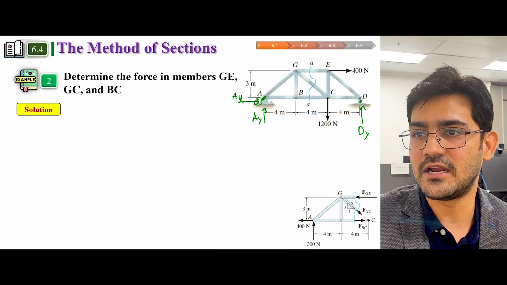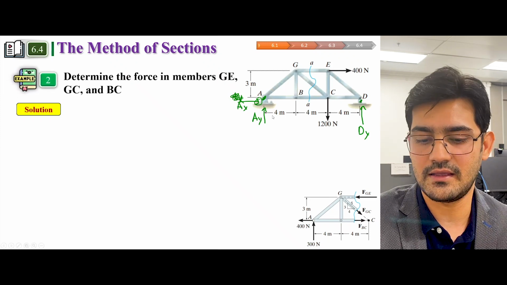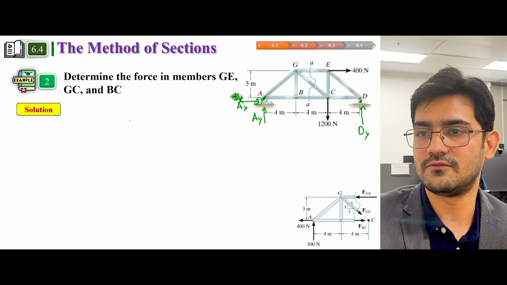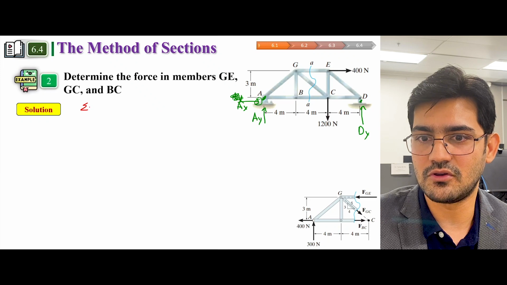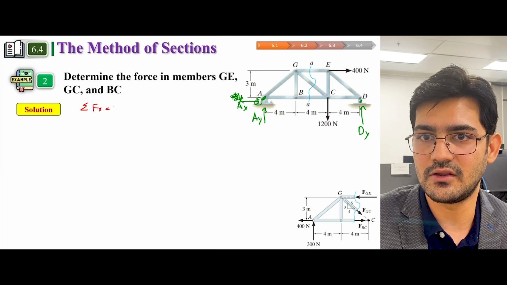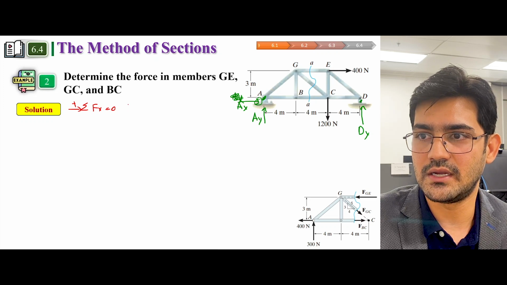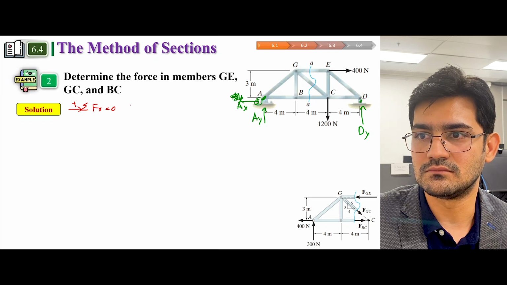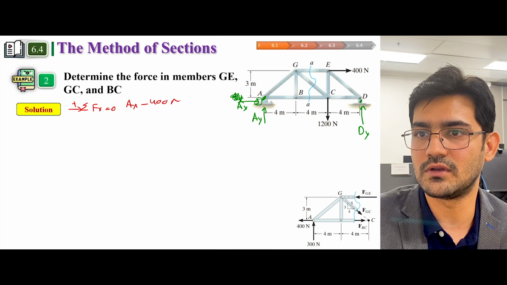Okay, so first let's try to find A of x, A of y, and D of y. How will we find that? We do summation of all the forces acting on the x-axis equal to 0. So A of x is in this direction, and the other force you have is 400 Newton.